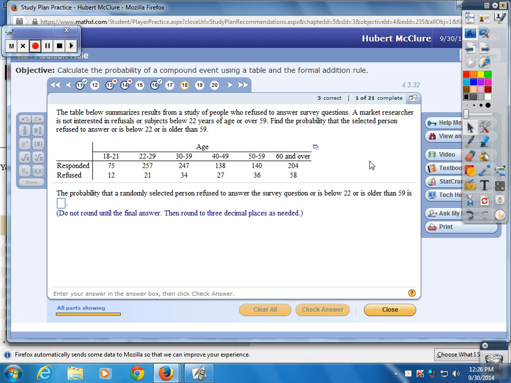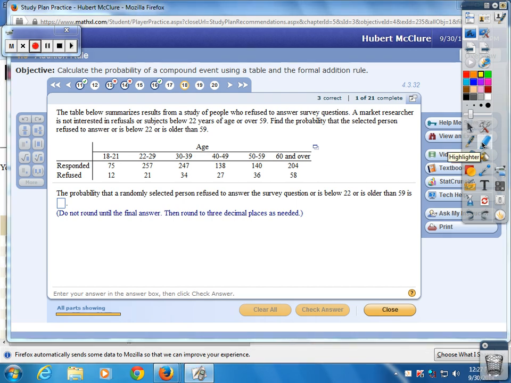All right, this question. The probability that randomly selecting blah, blah, blah refused to answer the question or is below 22. So get your handy dandy highlighters out. And I'm going to highlight, don't forget, refuse to answer, or is below 22.